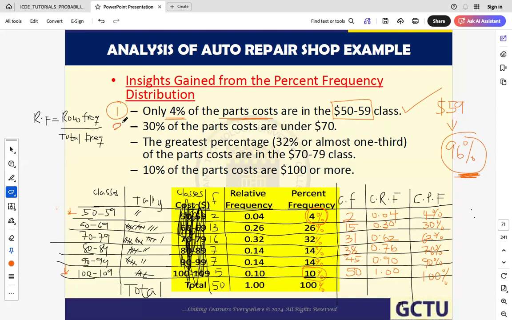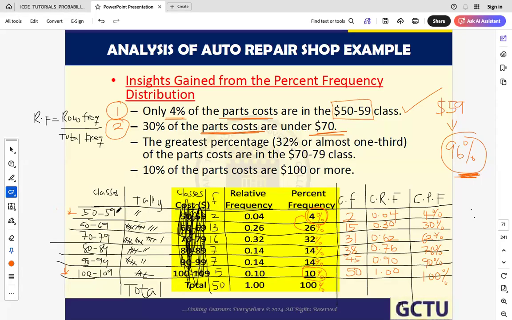Then the second information I picked out, I said 30% of the spare parts costs are under $70, which is also not good for me. And where did I pick the 30%? If I add this 4 to 26, I'll get 30.